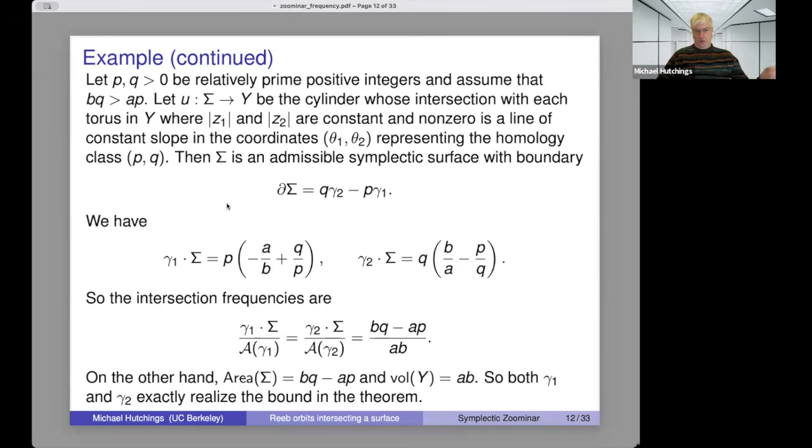It argued that if you change the contact form, you have to create some Reeb orbits, because if you don't, then all the ECH spectral invariants stay the same, and this leads to a contradiction with the Weyl law. So I'm doing a more refined or fancier version of this, one where I'm changing the contact form and seeing what happens both to the Reeb orbits and to the spectral invariants, and trying to get some conclusion.